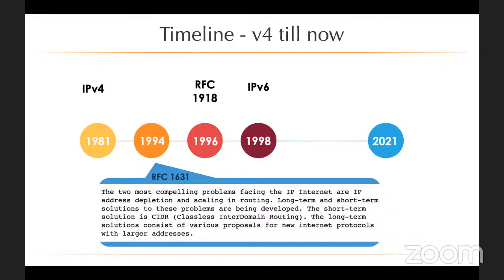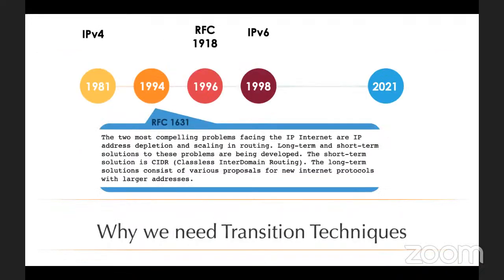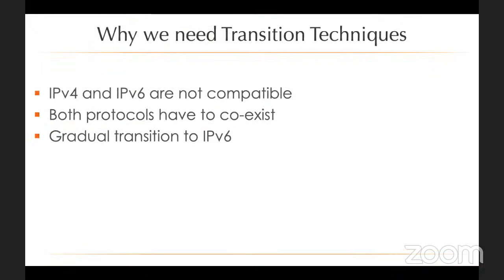So how do we have these protocols running together up until a point whereby we can have the new protocol being deployed massively, and we can move away from the old protocol? Basically, that's the need for transition techniques, just the need for coexistence between these two protocols in the short term as we move to the newer IPv6 protocol. So this is just a summary of what we've discussed.